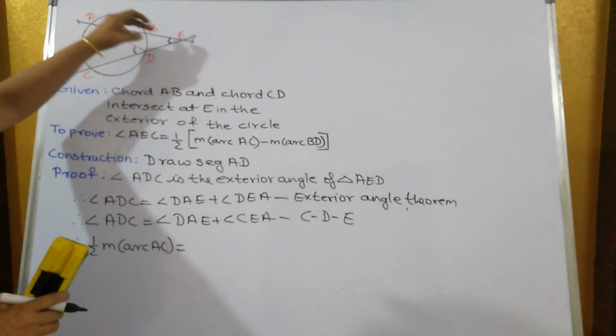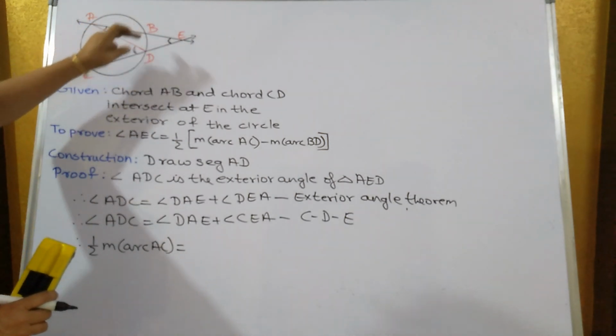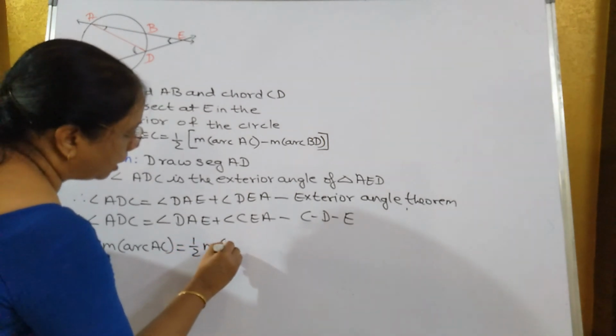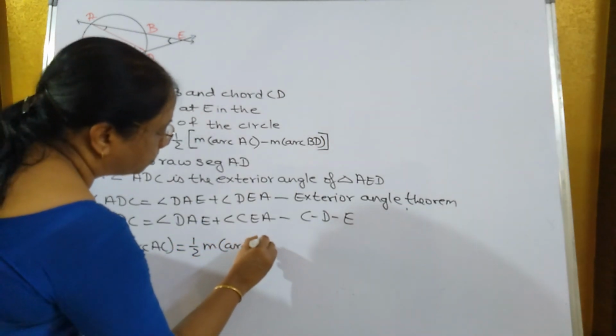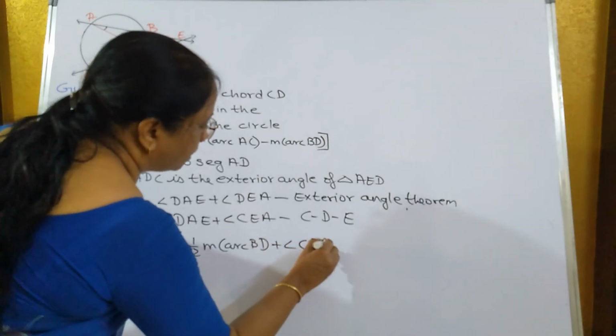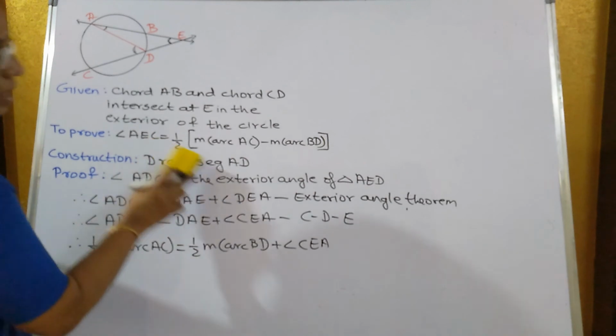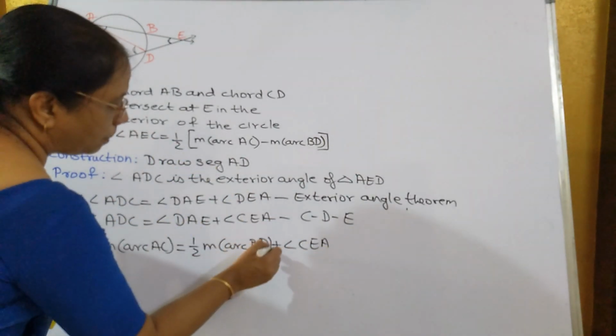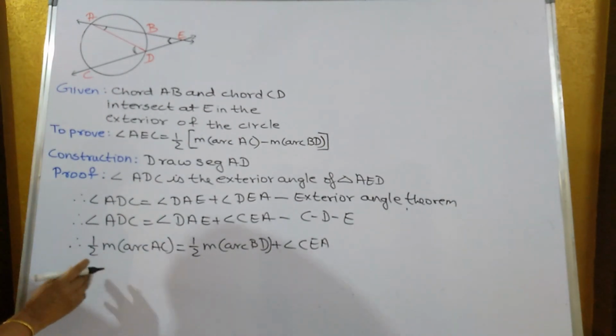DAE is intercepted in this arc BD, that is equal to half measure arc BD, and this will remain as it is, angle AEC, that is what we have to find out. So keep this on this side and shift this on the other side.